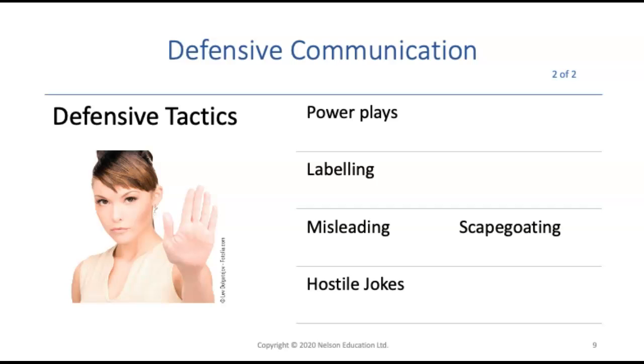Mislabeling is another way to do that, and that's when people intentionally fail to provide accurate information or give inaccurate information, trying to mislead people. Scapegoating is a pretty common one, and that's when they're trying to shift responsibility of something you did wrong to another person.